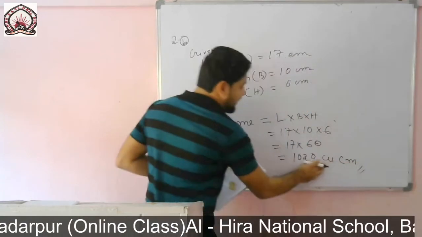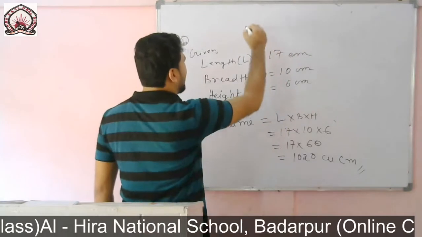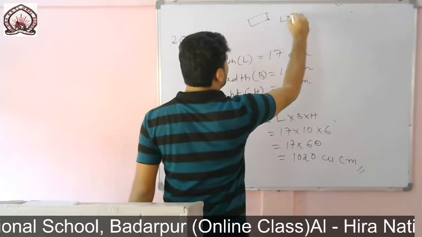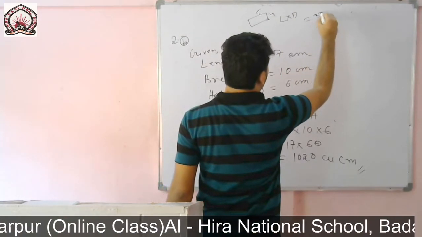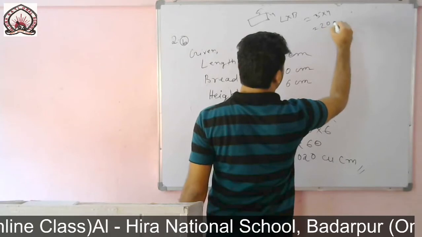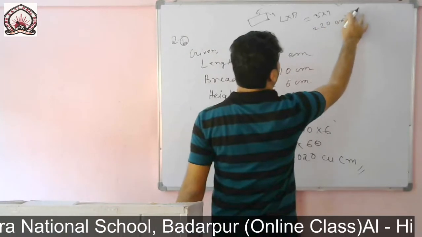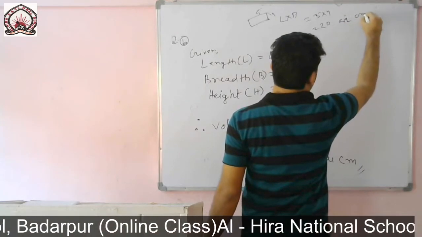You always use this unit, cubic centimeter. When you are finding any area, suppose area of a rectangle, then we are writing length into breadth. Okay, that is 5, that is 4. Then we are writing what? 5 into 4, that is 20 centimeter square, or we are writing square centimeter.